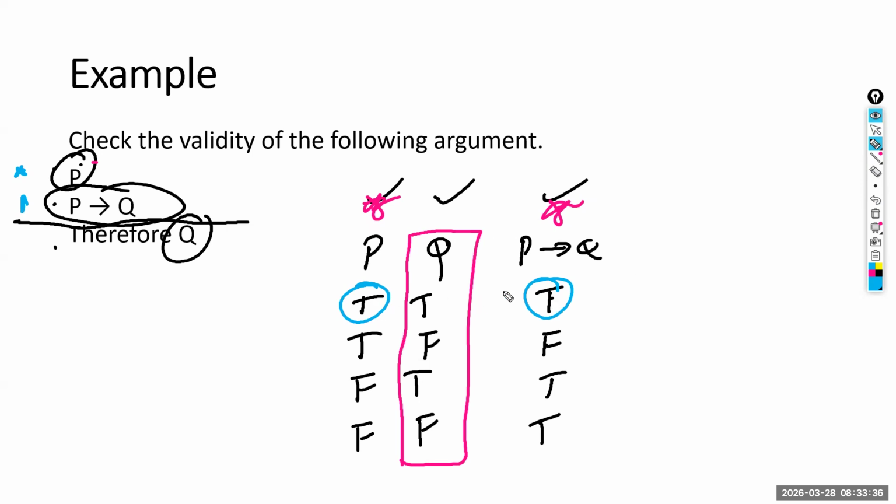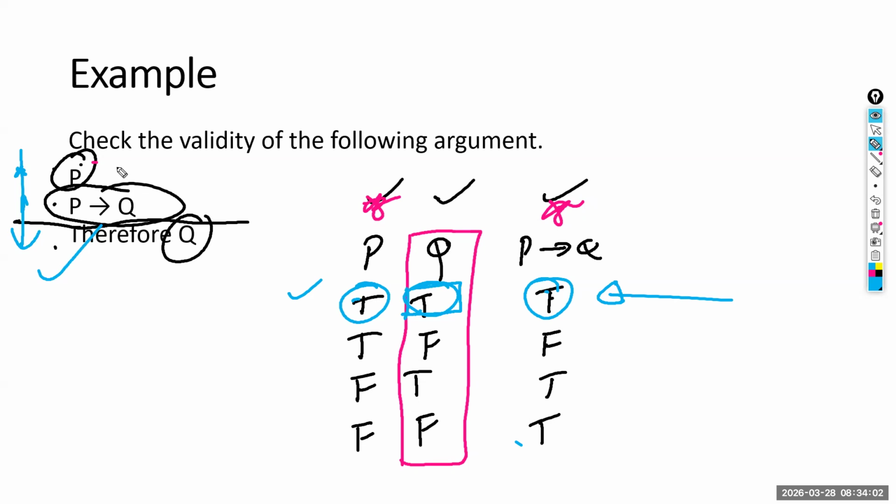P implies Q. When both premises are true, the conclusion is true. That is good. Again, this is only one premise true. So therefore, there's only one scenario where all the premises are true. In that scenario, the conclusion is true. So therefore, this is a valid argument, logically valid argument.